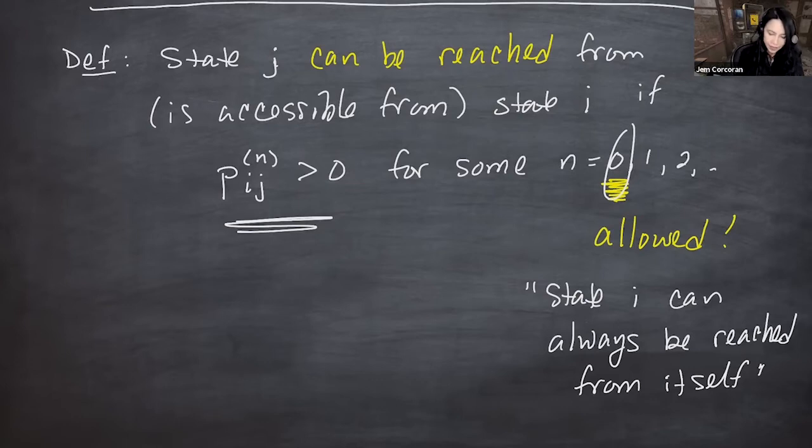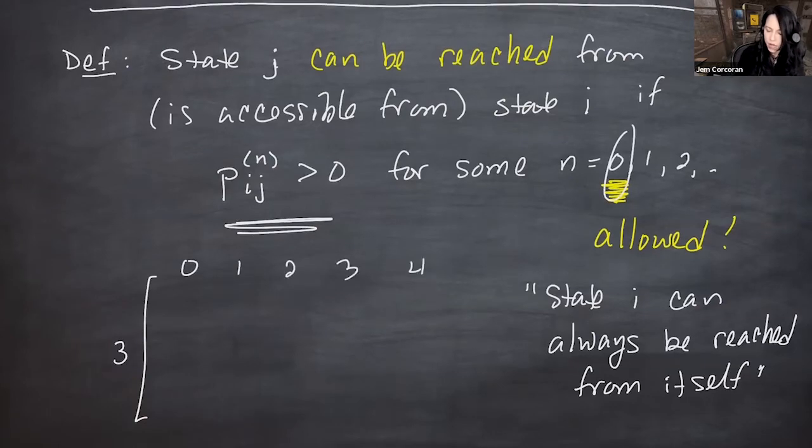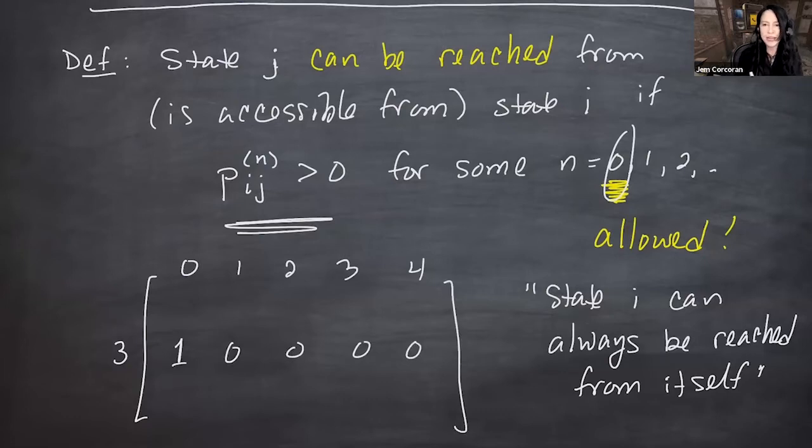So you might have state I in your matrix. Let me just make this an actual number, like 0, 1, 2, 3, 4. You may have that if you're at state 3, you will immediately go to state 0. And then you might have no other way to get to state 3.